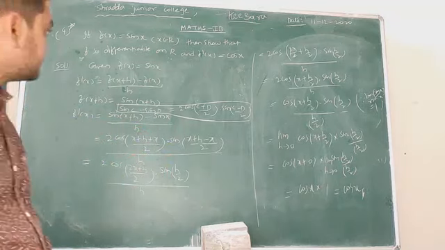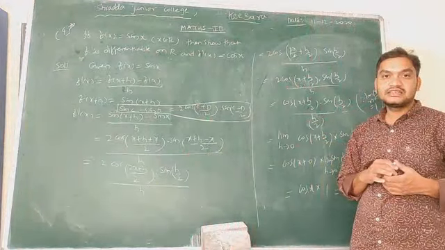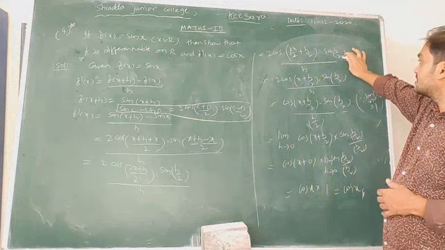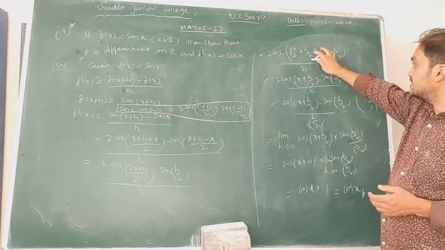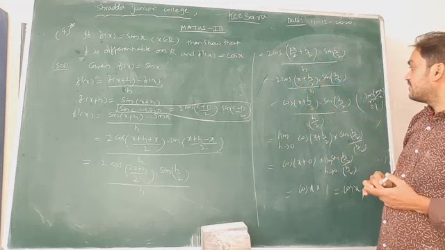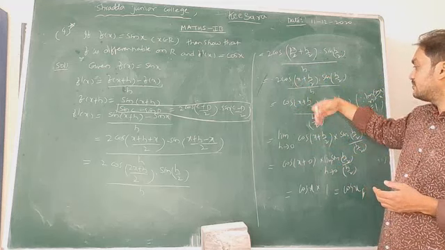Now split by the denominator: 2 into cos of (2x by 2 plus h by 2) into sin h by 2 by h. Now we can write cos of x plus h by 2 into sin h by 2 by h by 2.